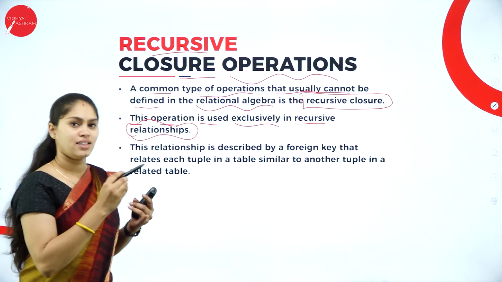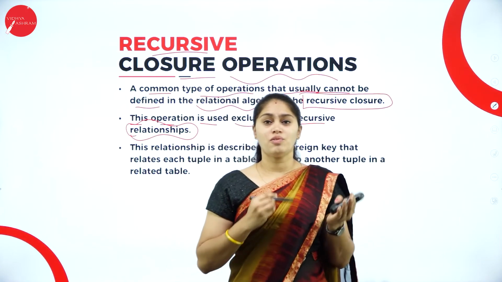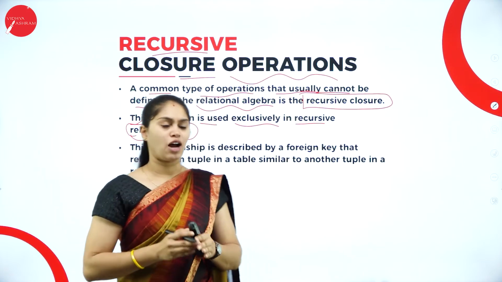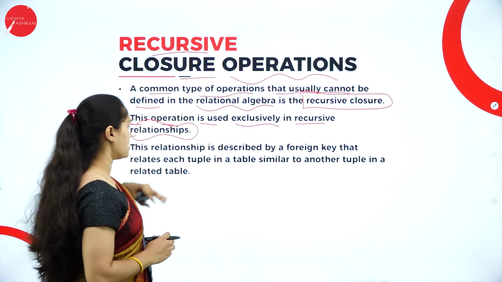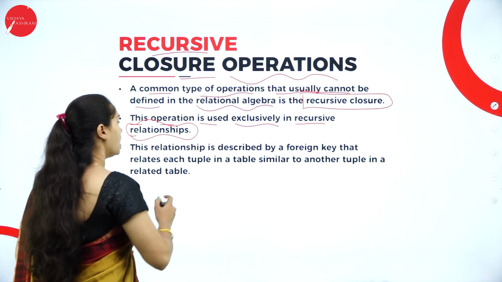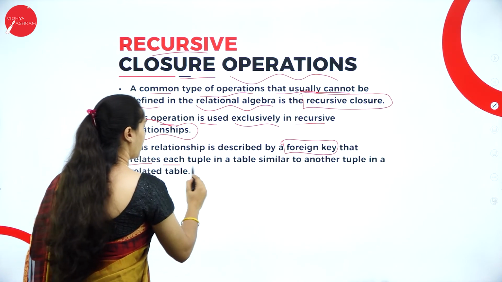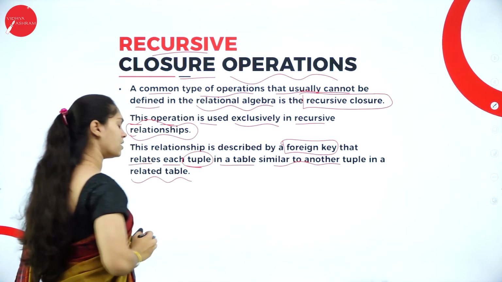We have 3 kinds of relationship: binary, ternary and recursive. When you want to do an operation with the recursive relationship, then we have to use these recursive closure operations. It will be described by a foreign key that relates each tuple in a table to another tuple in the related table.